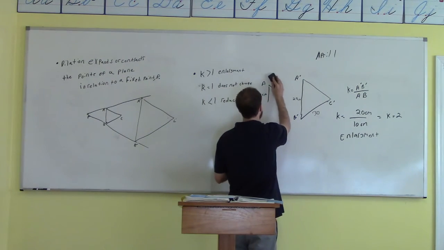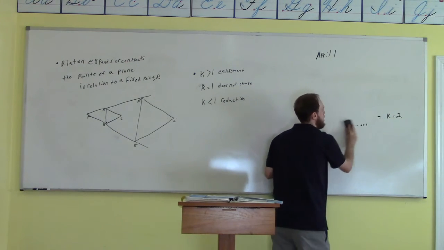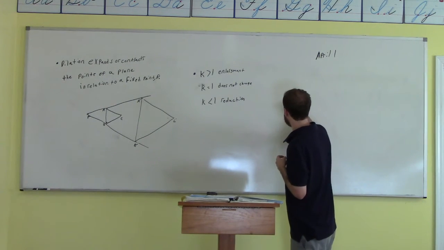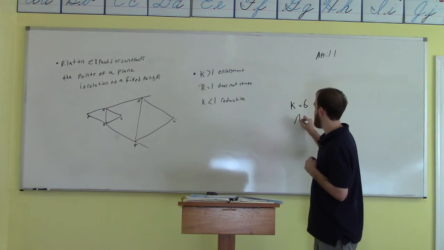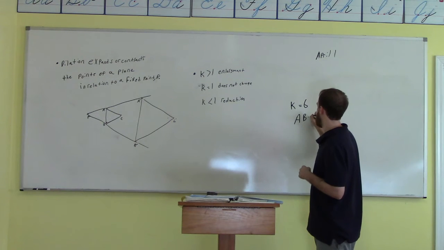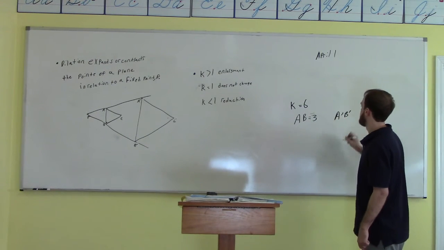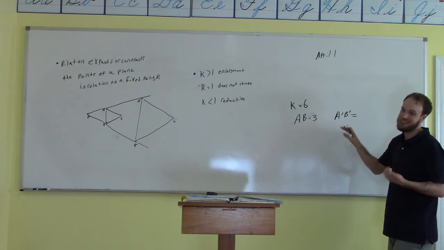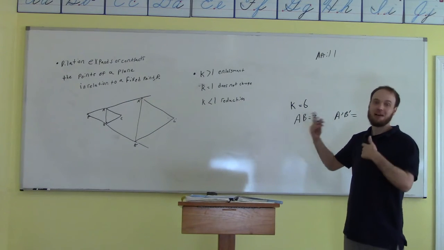Another option is they could give you one of the sides, like I just went through, and you'll have to find the other one. If they say K equals 6, and they give me that AB is, we'll say, 3, and then ask what is A prime, B prime, what would that distance actually be, all you're going to do is multiply your K times the distance they give you.